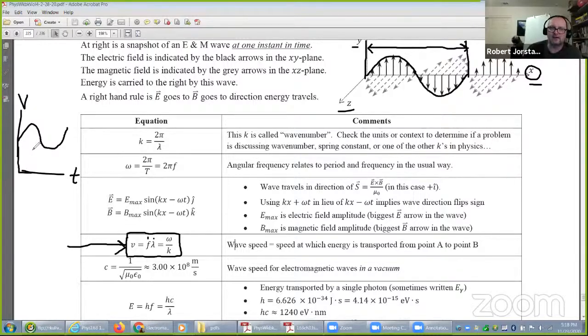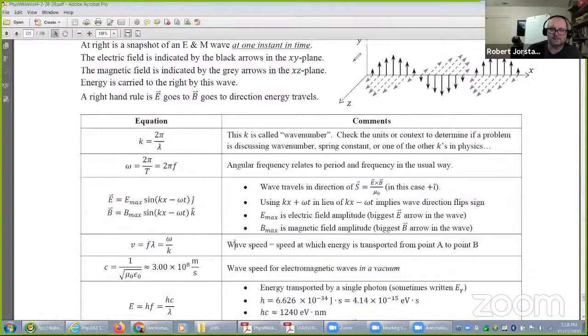So there, when we went from crest to crest, that was a period. This is no longer the case for these electromagnetic waves because we're looking at the wavelength instead of the period. So always, always, always double check the axis labels to see if you're talking about a wavelength or a period on the horizontal axis.